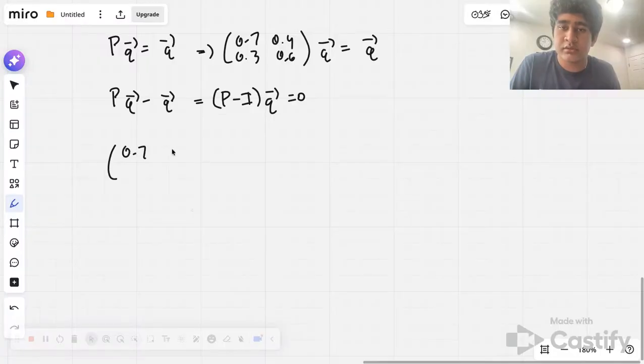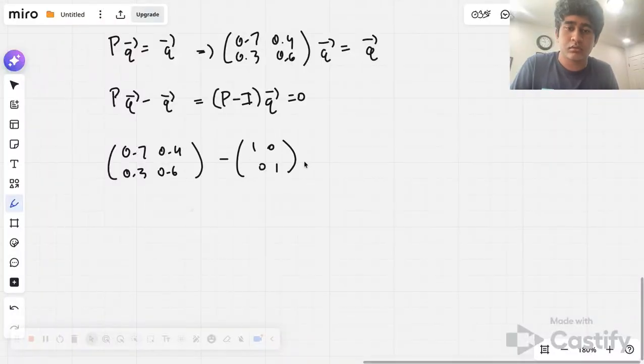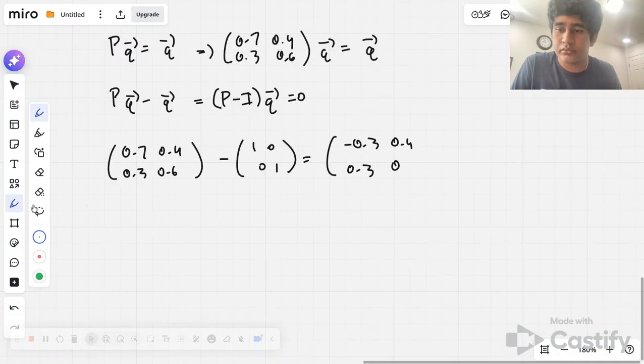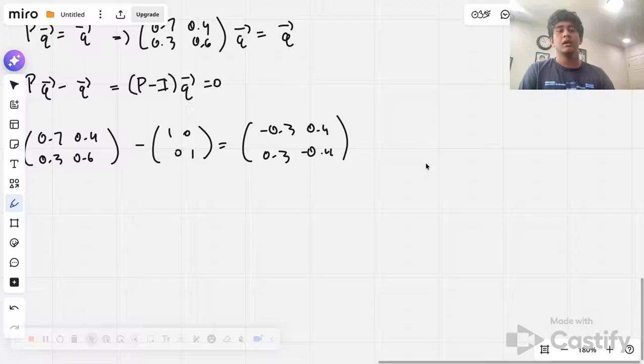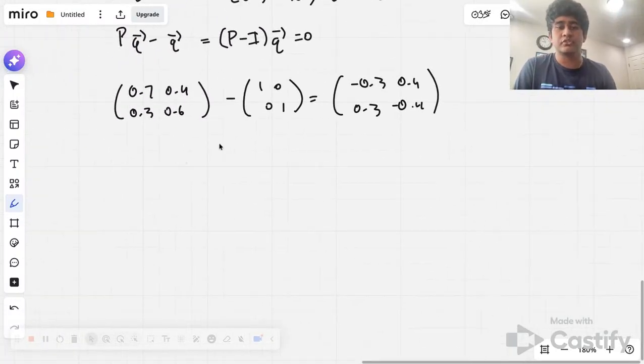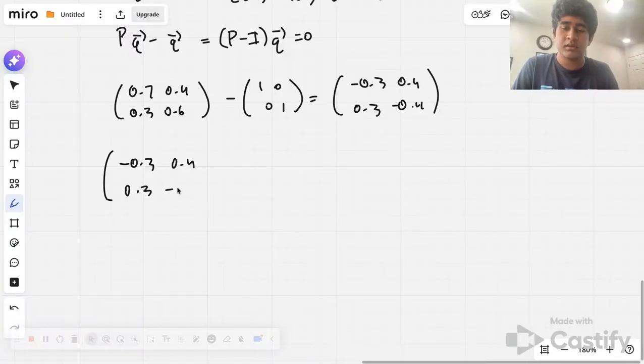We get 0.7, 0.4, 0.3, 0.6 minus the identity matrix, which gives us negative 0.3, 0.4, 0.3, and negative 0.4.